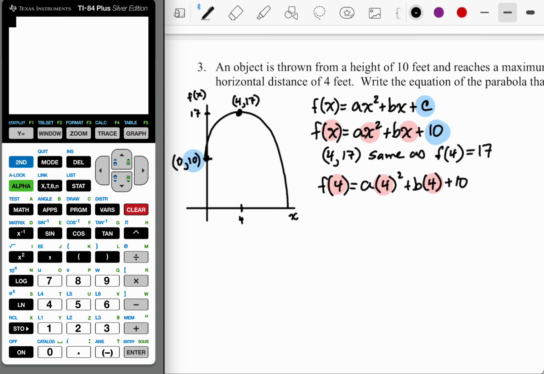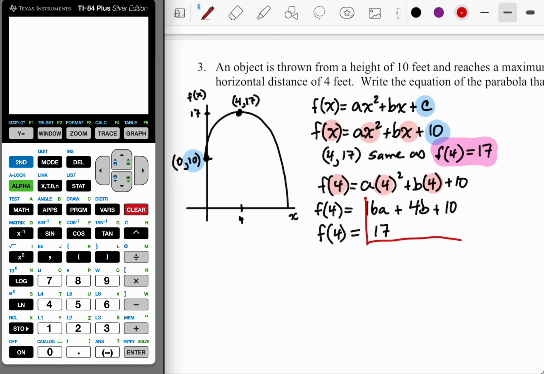I can only simplify a little bit, just the 4 squared part. So we'll have 16a plus 4b plus 10. That's going to be equal to f of 4. But we also know that f of 4 is equal to 17. So we have an equivalence relation.